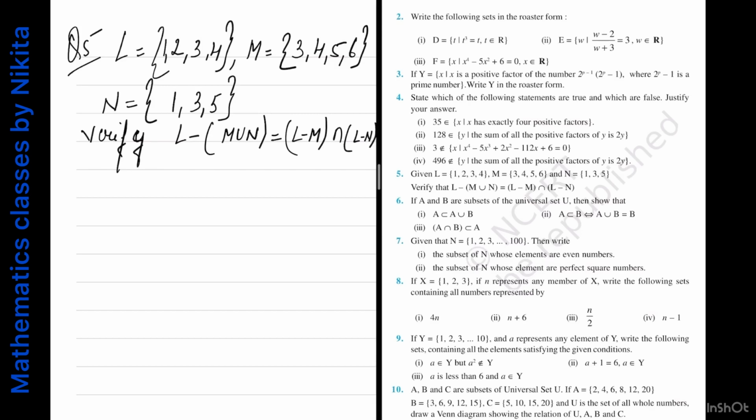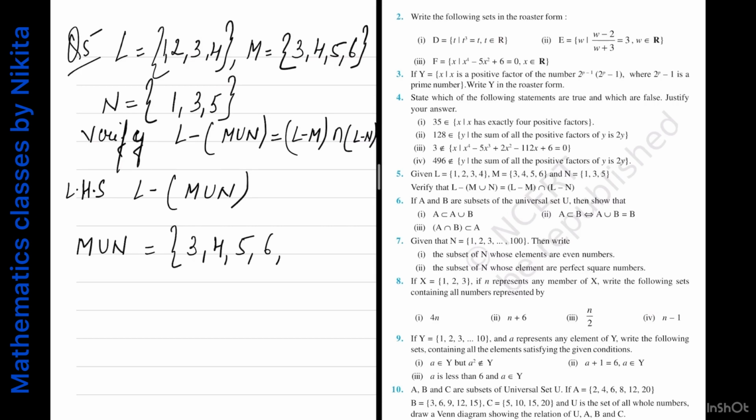So first let us take the left hand side, which is L minus (M union N). Now what is M union N? So just take the union of the sets M and N. So what will you get? 3, 4, 5, 6, 1, 3 is already there, 5 is already there.